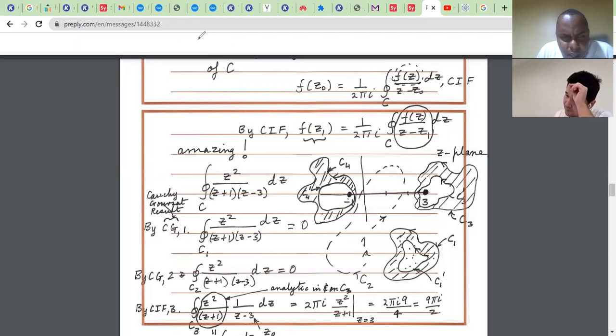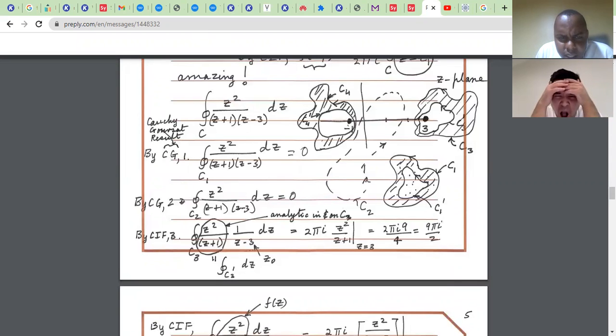So here we have an example. This integral will be equal to 0 along curve C1. Why do you think that will be the case?